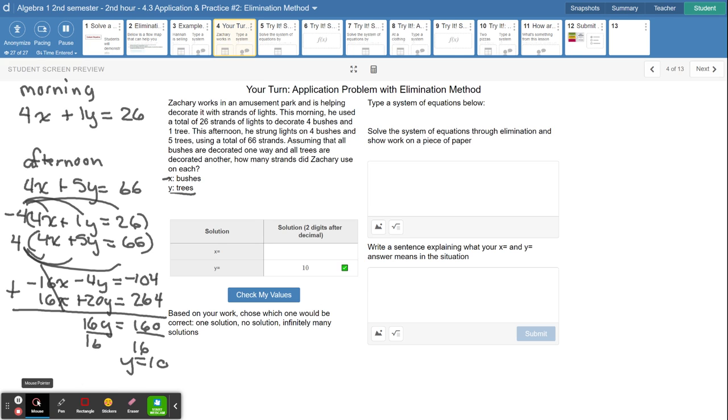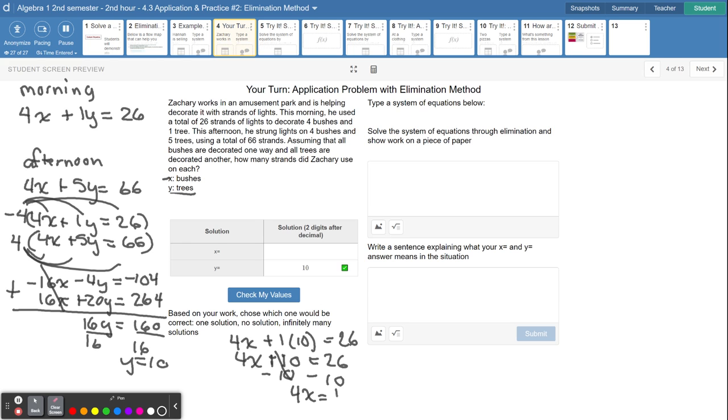So I'm actually going to use the first equation because it has a coefficient of 1, which is super simple because you don't really have to multiply. 1 times 10 is, of course, just itself. So then we're going to do the 2-step just like normal. We're going to get 4x equals 16, and then we're going to divide by that, which will get x equals 4.